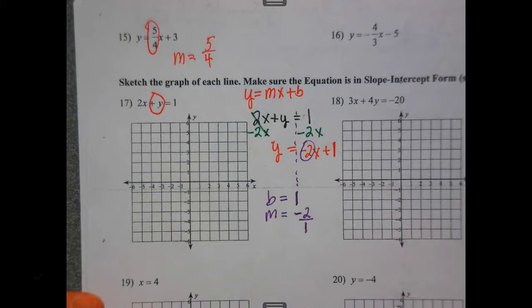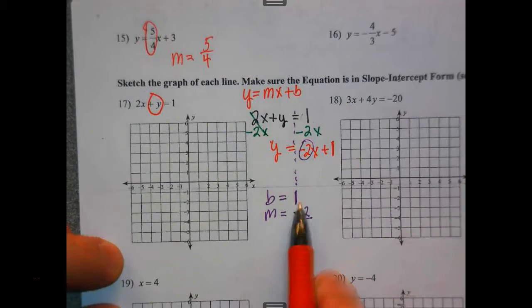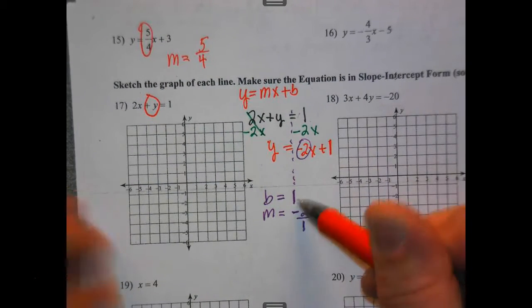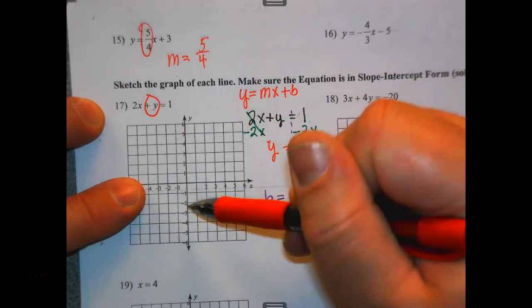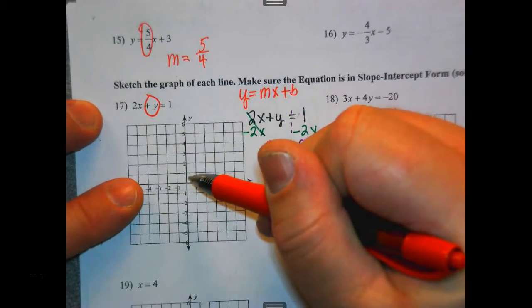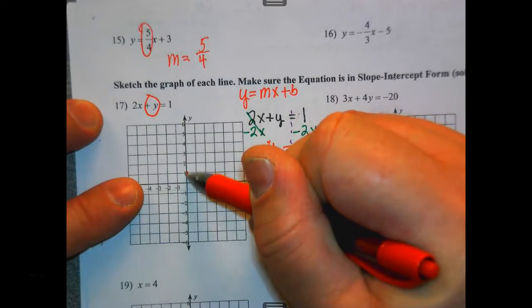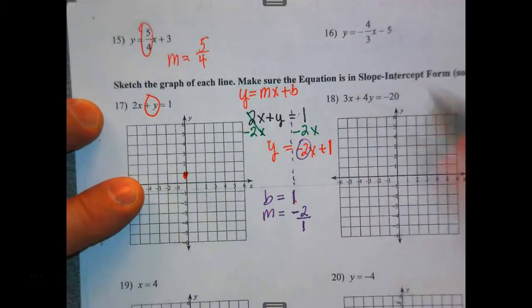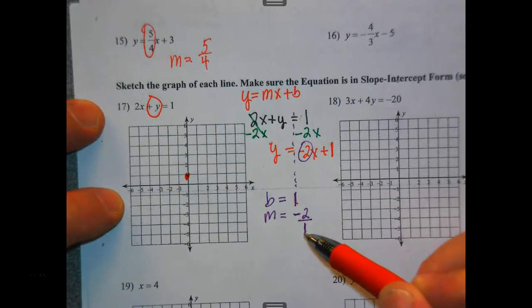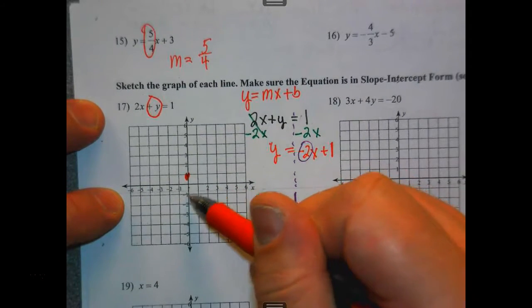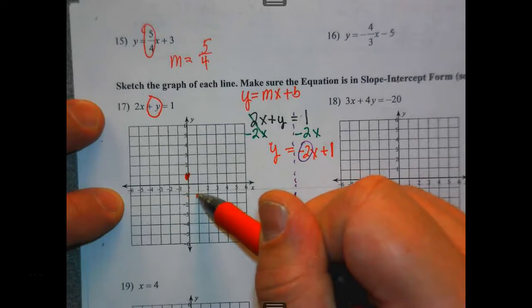So it crosses my y-axis at the point 1. Now here's my y-axis, up and down. It crosses it at 1. Then my slope, I'm going to go down 2 to the right 1. Down 2 to the right 1.